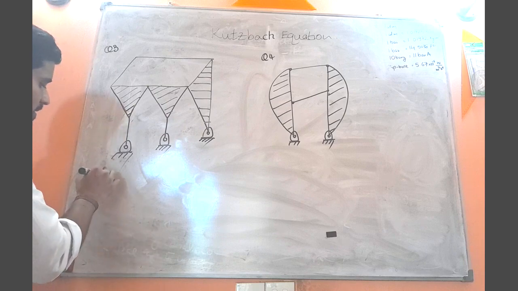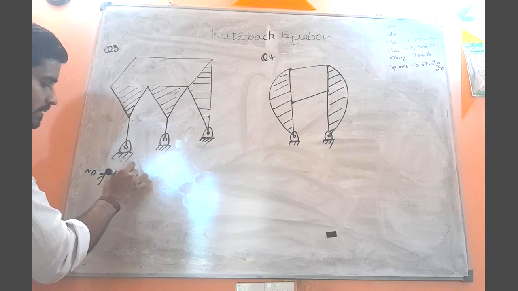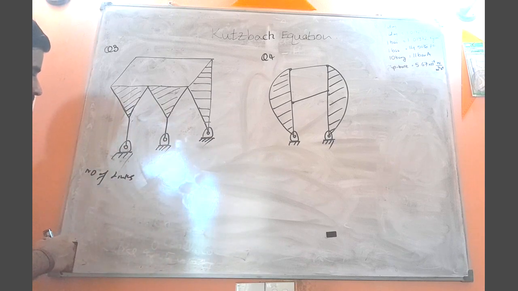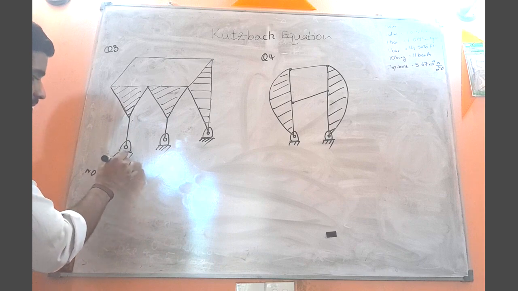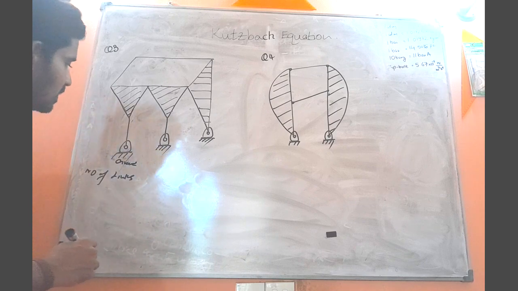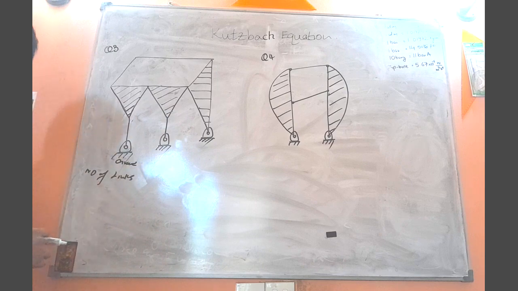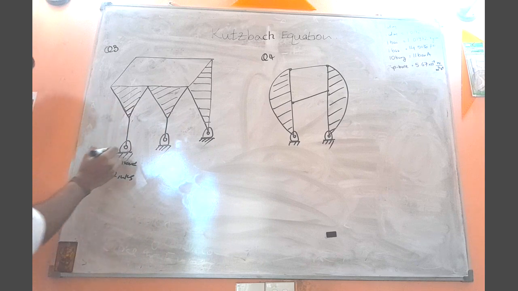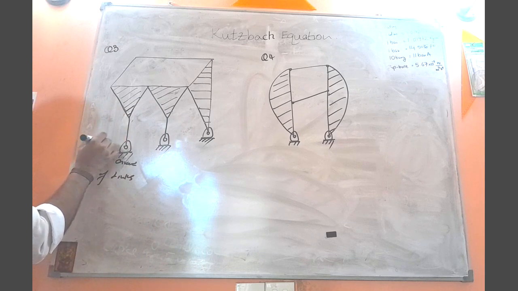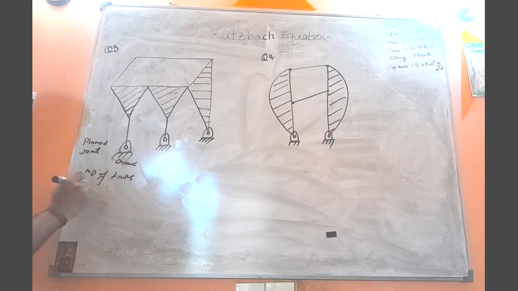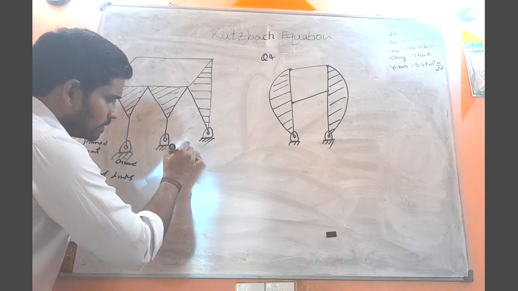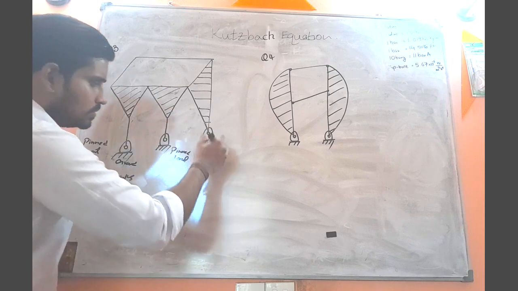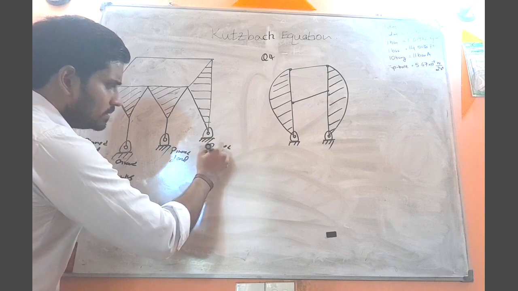So the very first thing we have to find is the number of members, which we call the number of links. Now just focus on these parts. This is something like ground, where it is fixed. Here we have a pinned joint, here also a pinned joint, and here also a pinned joint.